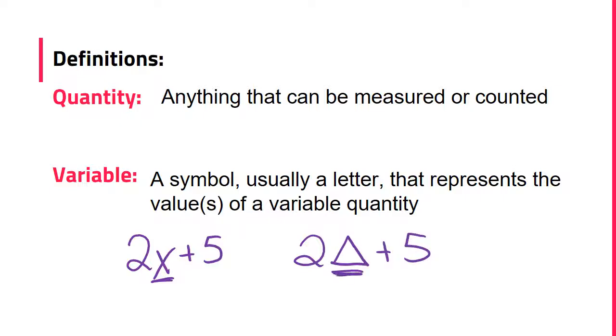It's a quantity that we're either going to solve for or find. So it could be anything. In the end, I would end up with maybe an x equals a value, and here I might end up with triangle equals a value. So usually a letter, but could be just a symbol. And it represents the value of a quantity.